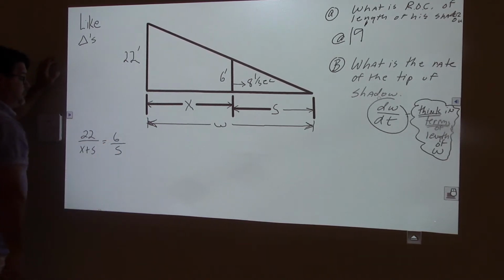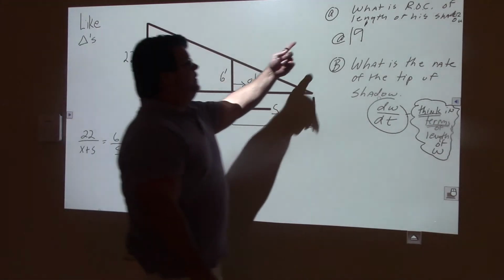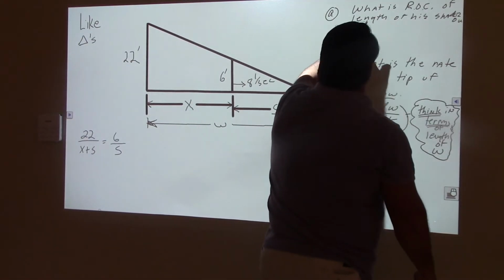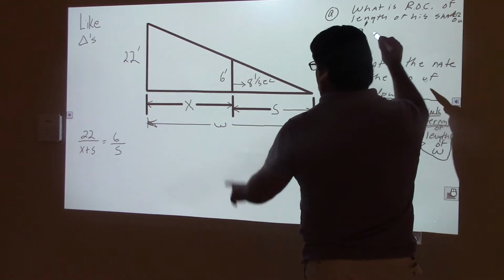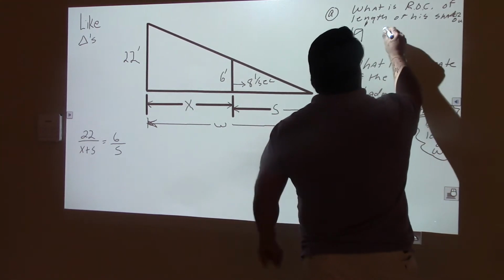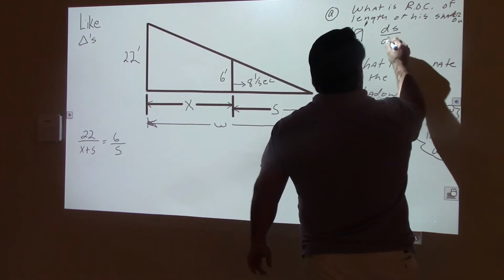S. Are you not allowed to use W? You can. But I'm not going to use that right now because the first thing we got to find is this. Which this pretty much is ds/dt.